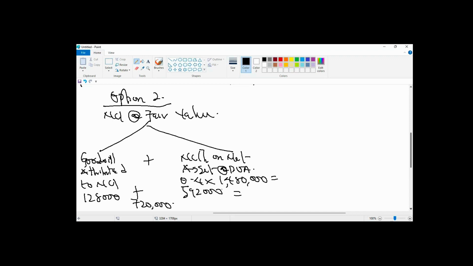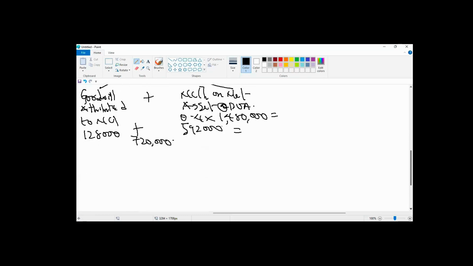If I want to buy this company at 100%, 100% acquisition, that means I want to buy the shares in the company. The company has 1 million shares at a market price of 1.80 kobo.